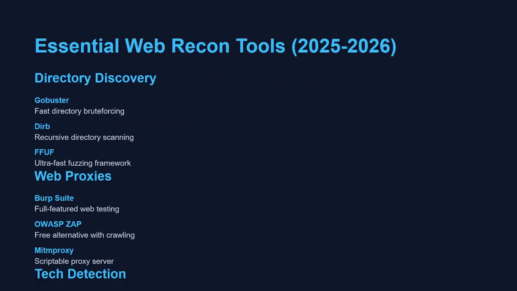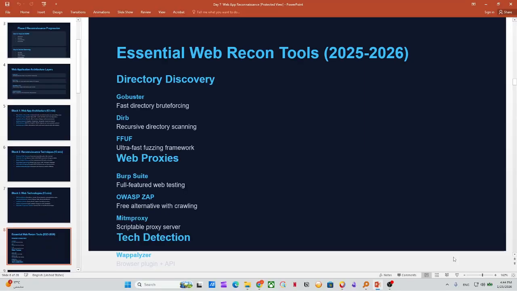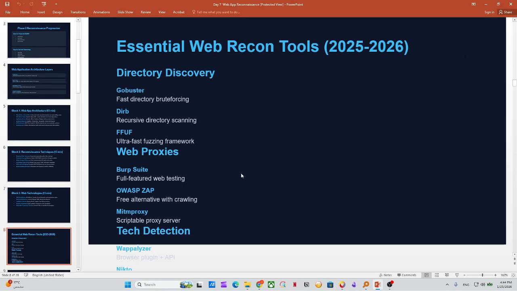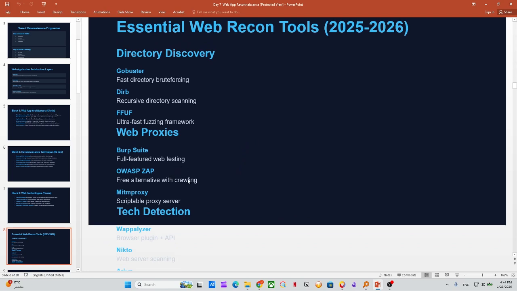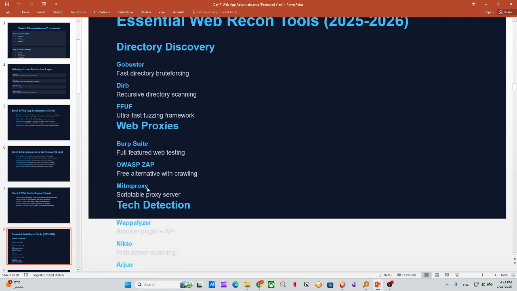The essential web reconnaissance tools are Gobuster, which is fast directory brute forcing, Dirb, recursive directory scanning, FFUF, ultra fast fuzzing framework, Burp Suite, full-featured web testing, OWASP ZAP, a free alternative for crawling, and we have tech detection.